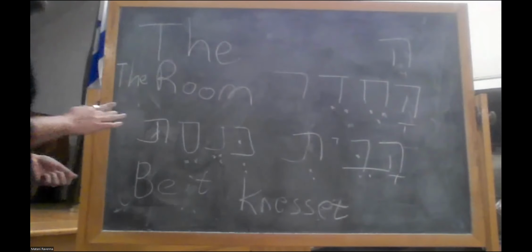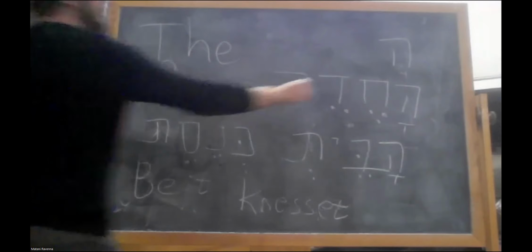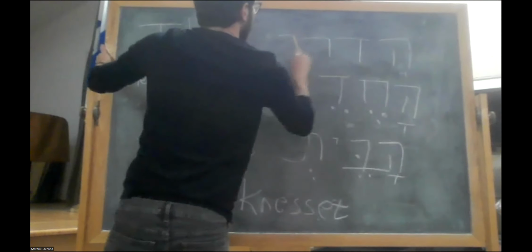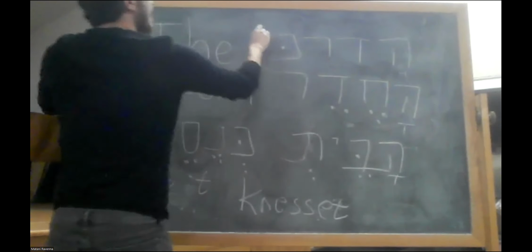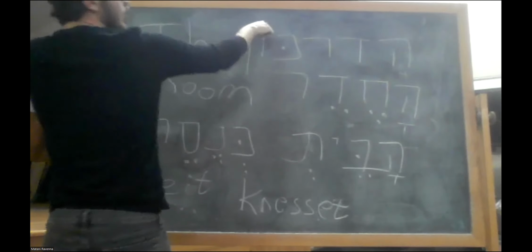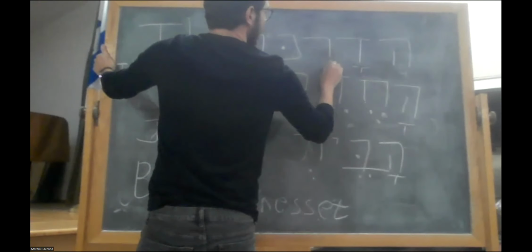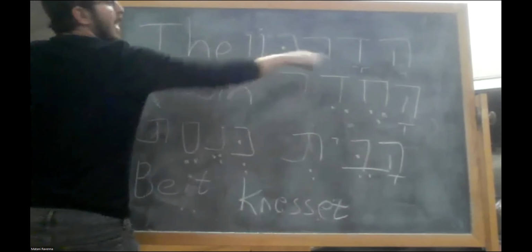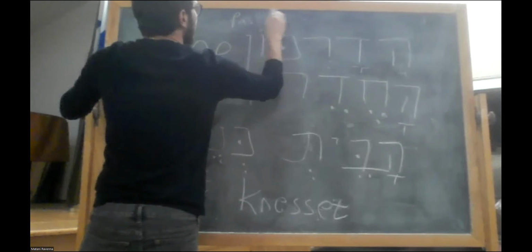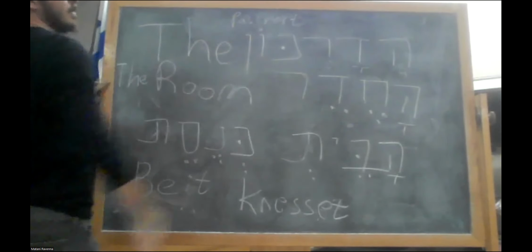Let's think about another example. The passport, ha dalkon. Remember the dagesh. Dalkon. Ha dalkon, the passport. The passport, ha dalkon.